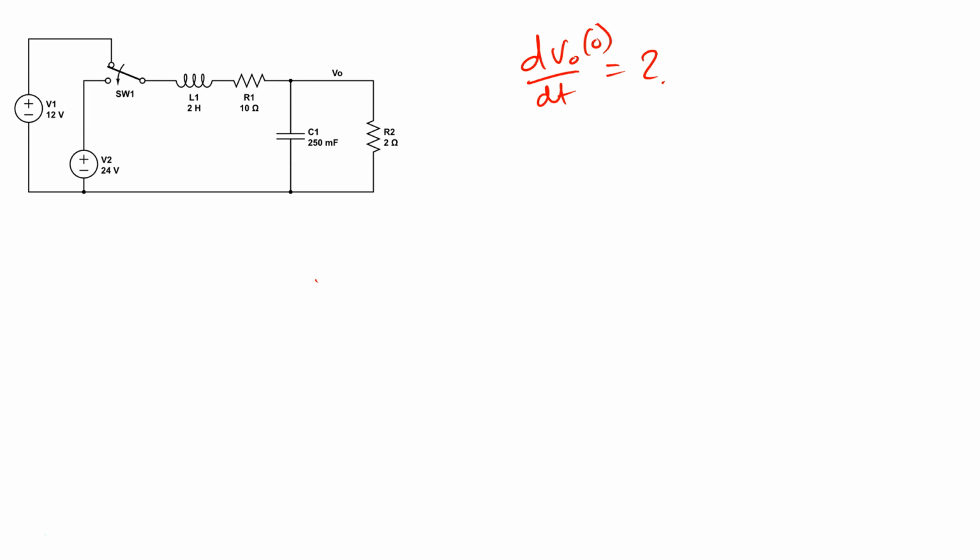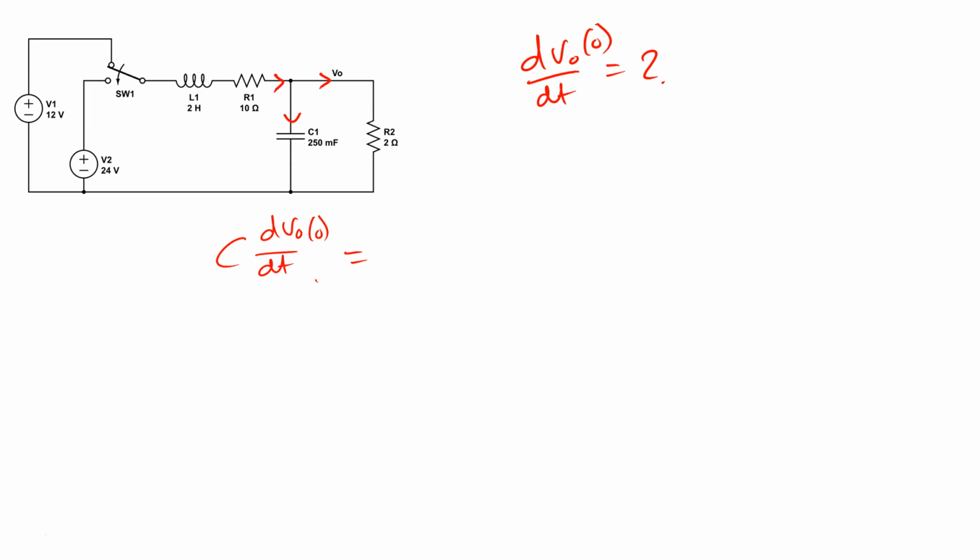So I know that the current through the capacitor here is C dV0/dt, and at time 0 that is equal to the current here minus the current here. Let's call this current the initial current, which we know because it is held constant by the inductor initially.